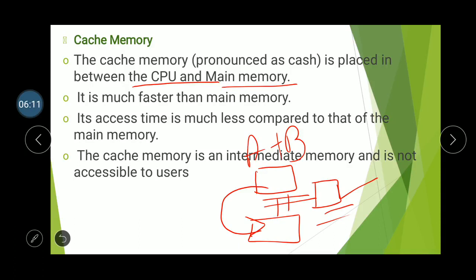That means if the CPU wants any information, first it goes to the cache memory, and if the needed information is not there in the cache memory, then only it goes to the main memory. That's why the access time is much less compared to the main memory.